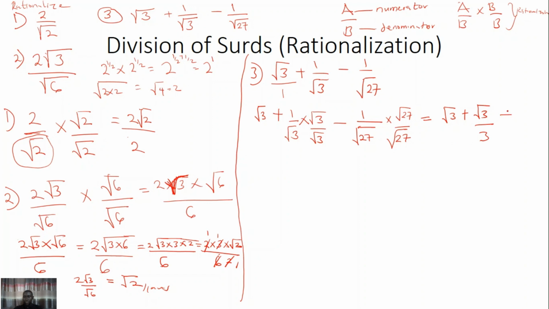Minus 1 times root 27, that will be root 27, all over root 27 times root 27, that will be 27. Okay? Now, this will give us root 3 plus root 3 all over 3 minus.